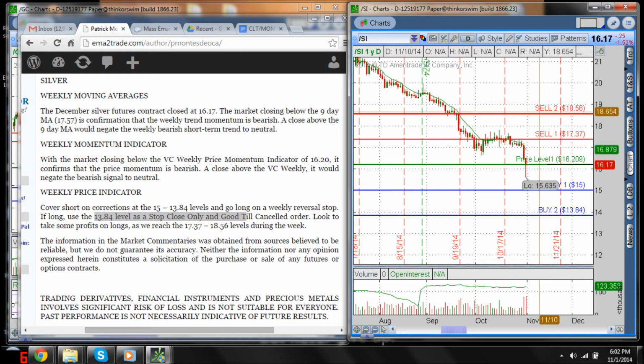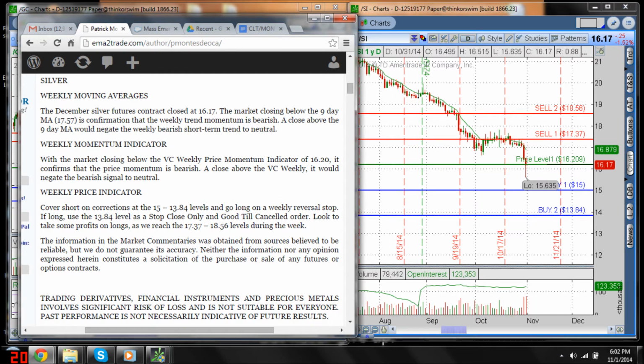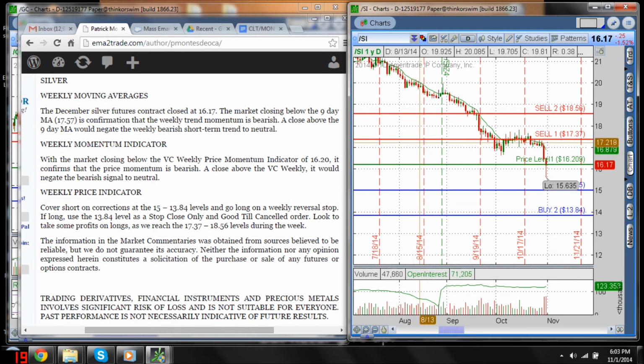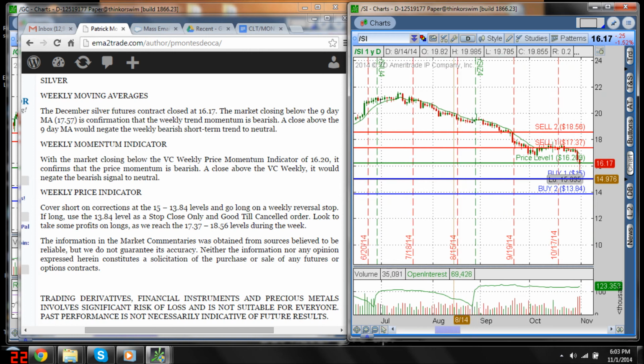So let's recap here by taking a look at the algorithms for next week. On the chart, we see the algorithms telling us that, once again, closing below the 1620 area, which is almost closing right around there, it's slightly bearish sentiment still.